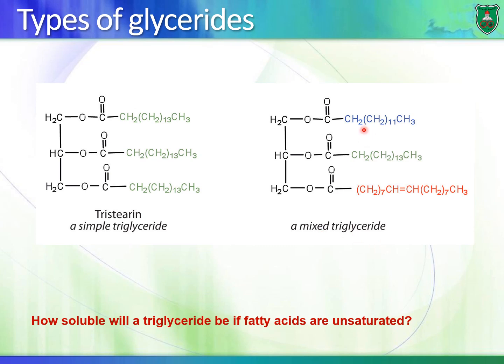Now, note that not only can you have different lengths of the fatty acid chain, but you can have different degrees of saturation. So you can have a fully saturated fatty acid, or you can have monounsaturated and or polyunsaturated fatty acids attached to the same glycerol.